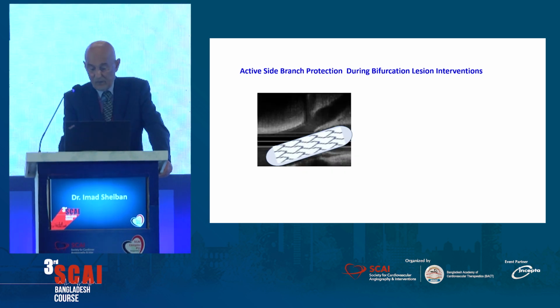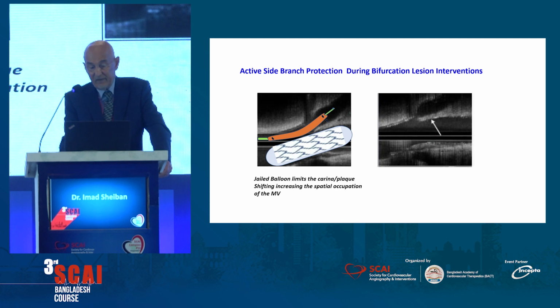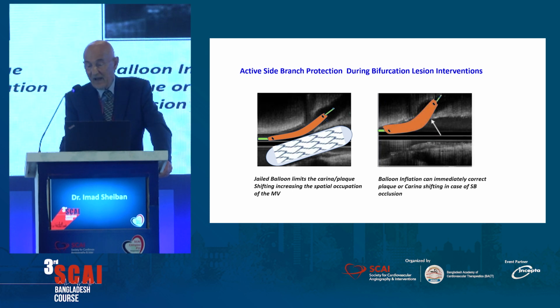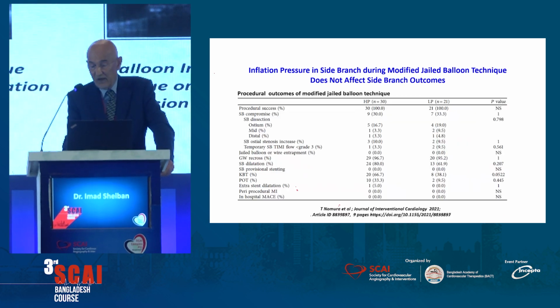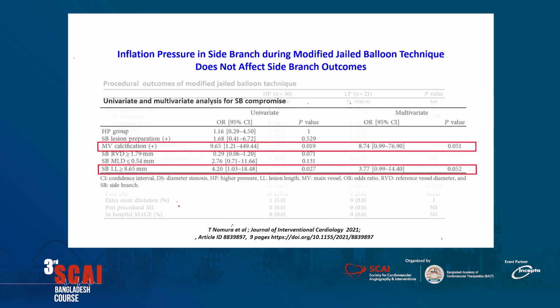This is what is done, putting the stent with the jailed wire. Then this is what happened, and this is corrected by inflating the jailed balloon, and this is coming back. Now, the inflation pressure is not affecting the recovery of the side branch.